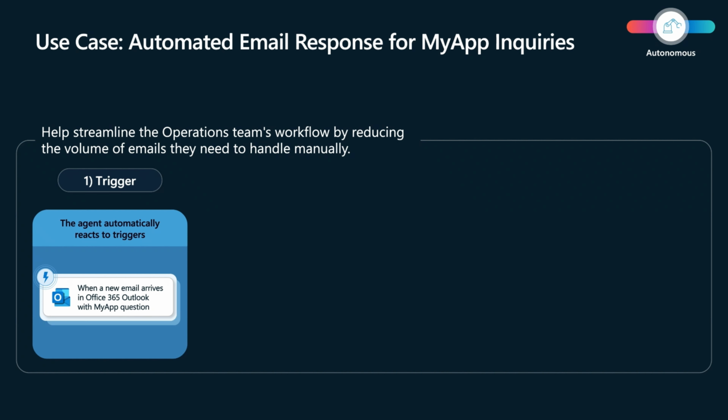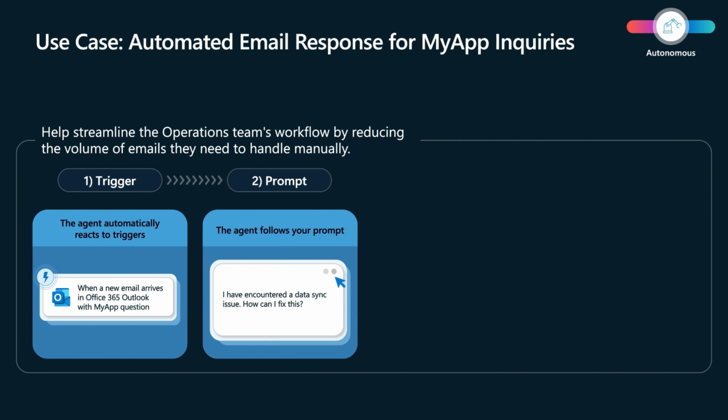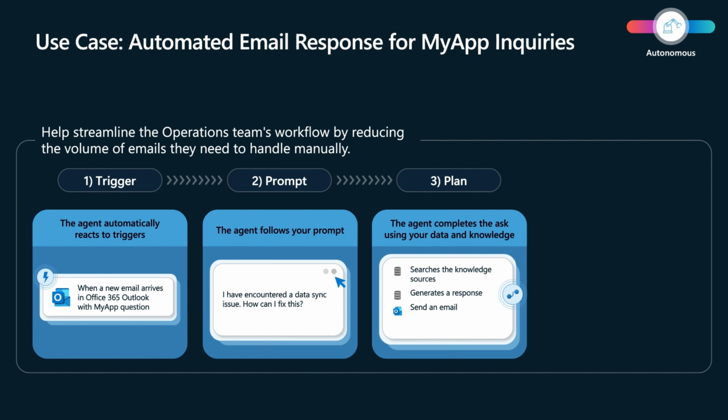So in our use case, the end user will send an email asking about my app. My app is basically, let's say, a fictional software that we released recently, and the user is asking about my app. The prompt that the end user will provide is, "I have encountered data sync issues. How can I fix this?"